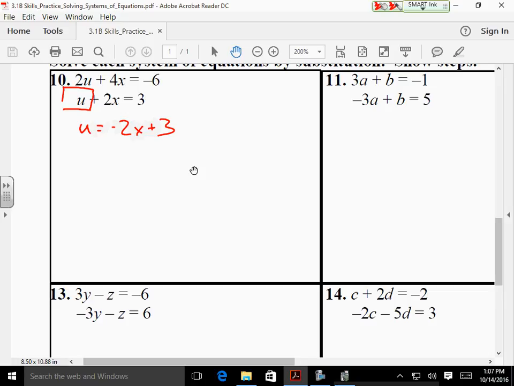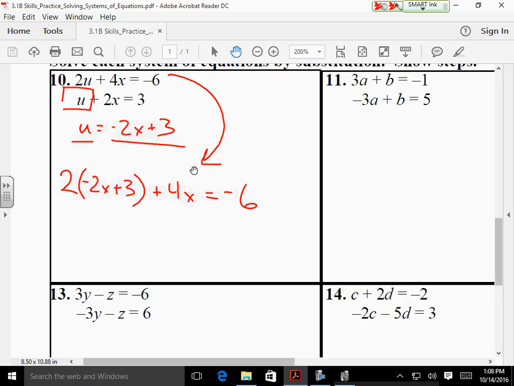So what you do is when you get a variable isolated in one of the equations, you take the other equation and you substitute this into it. So instead of writing 2u plus 4x equals negative 6, if u is equal to negative 2x plus 3, then I'm going to put negative 2x plus 3 here where u was.